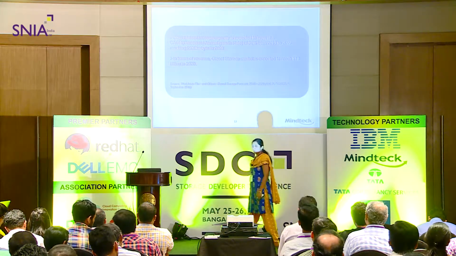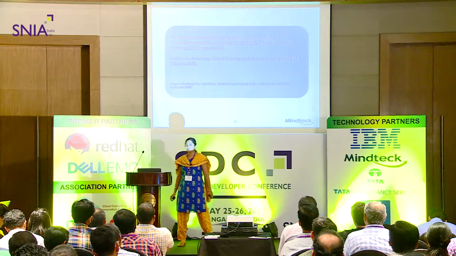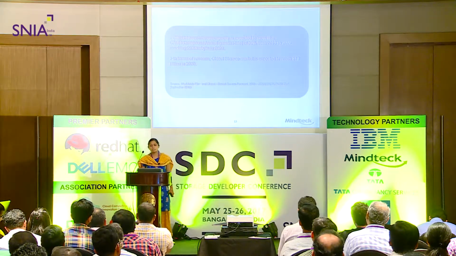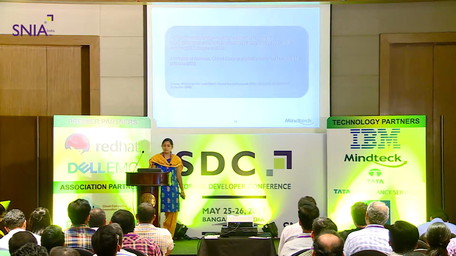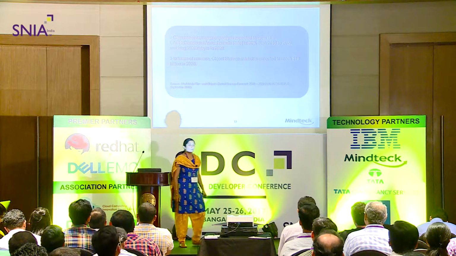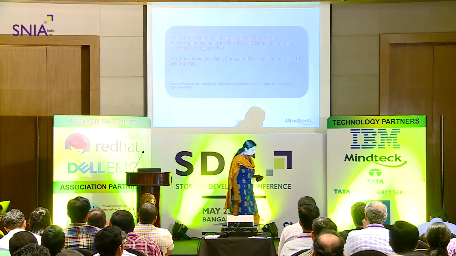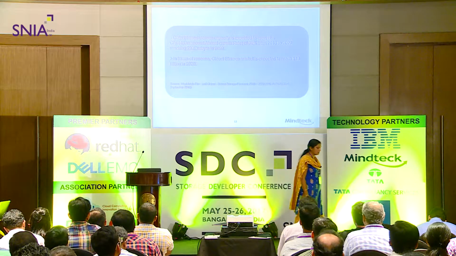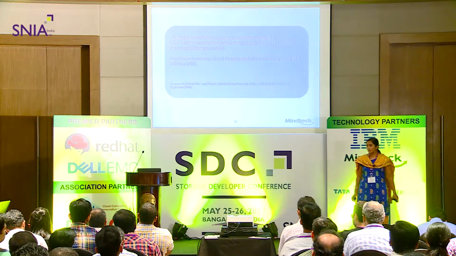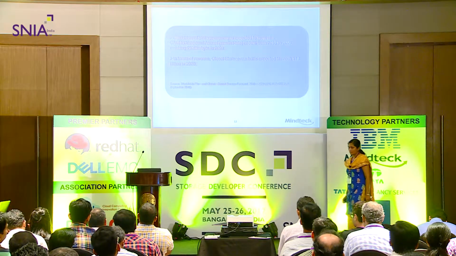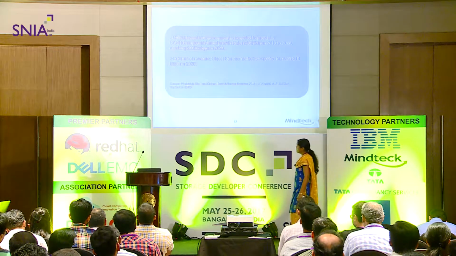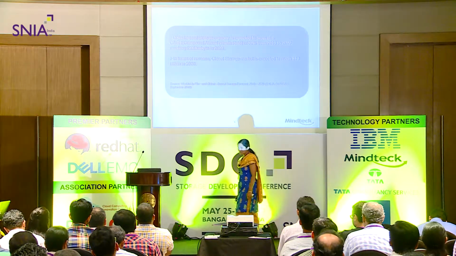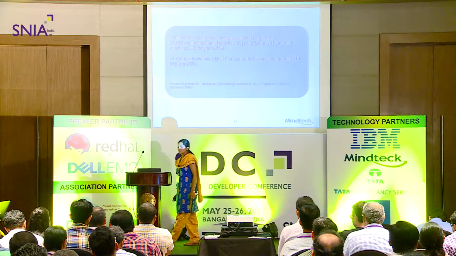So this is, again, the market forecast. It says that by 2020, the storage capacity is going to increase to around 293 exabytes, and it is going to grow at a rate of 30% CAGR.